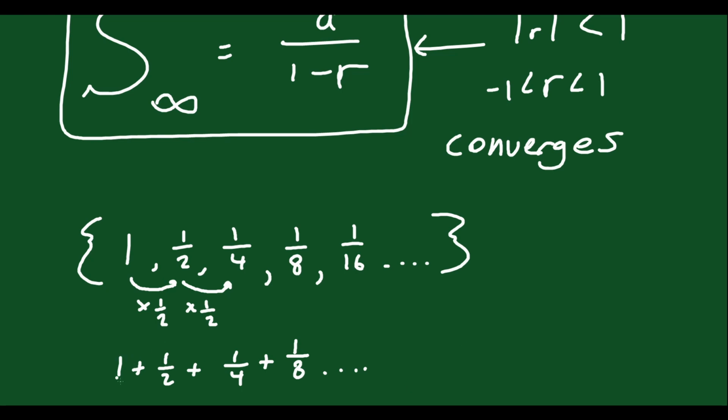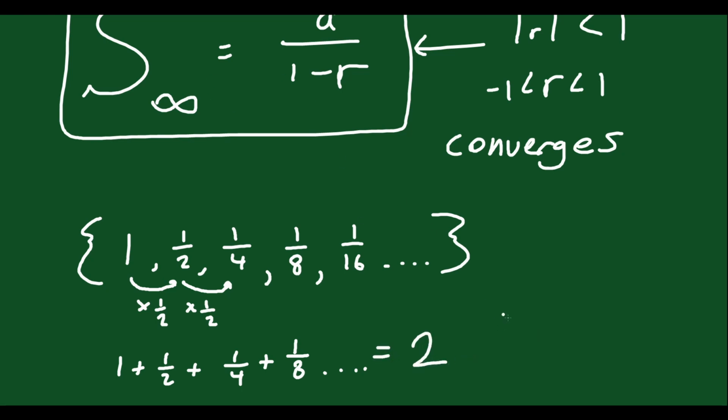If you think about it, 1 plus a half is 1 1/2, plus a quarter is 1 3/4, right? Plus an eighth. You just start adding these really little numbers. It seems like you're just getting slightly bigger than 1 3/4, and really that is what's happening, right? You're getting closer and closer to the number 2, but you're never going to actually pass it. And so this is going to converge, and it's going to equal 2.